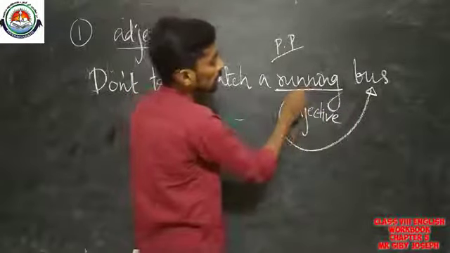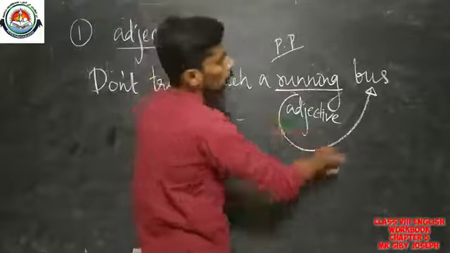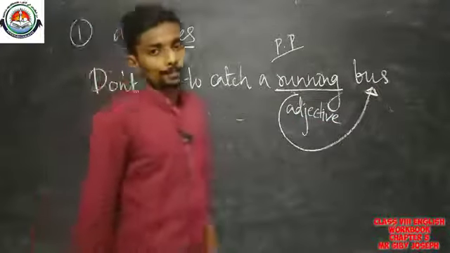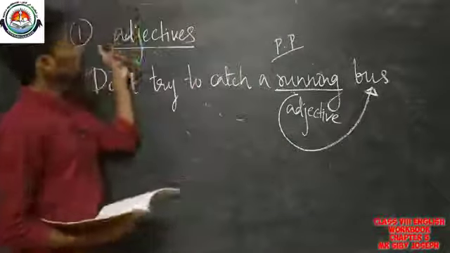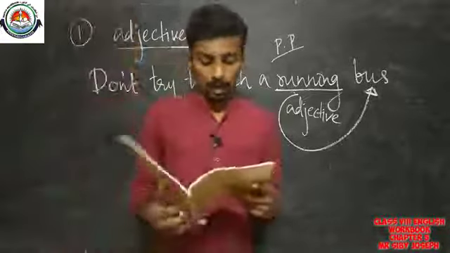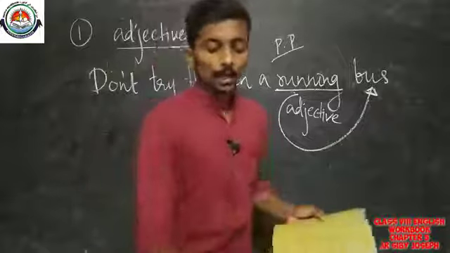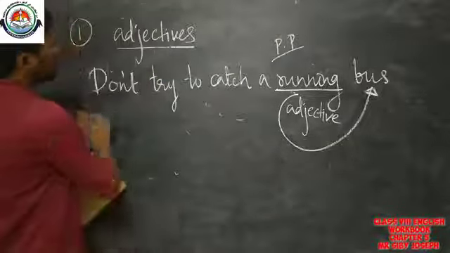So, this present participle is used as an adjective in order to qualify the noun that is used here. So, the first use of present participle is as adjectives. Now, I hope that you got a clear idea.